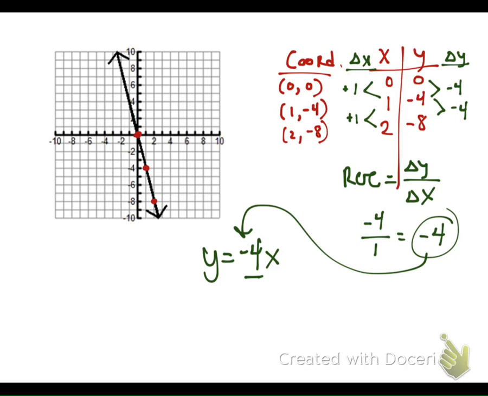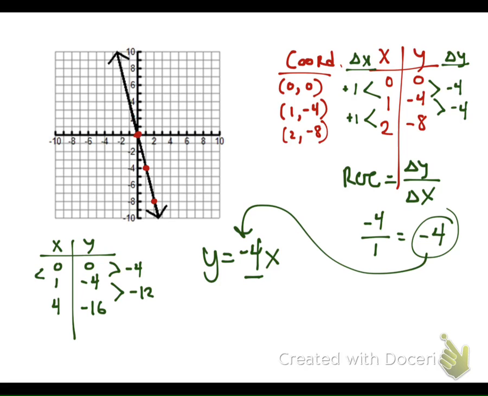Now, you may run into tables sometimes where your delta y and delta x aren't the same all the way down, but no matter what happens, you should be able to reduce them to the same thing. Say I was looking at a table and I had 0, 0, then 1, negative 4, but then say here I jumped to 4 and negative 16. Well, here my change in y is negative 12, and here my change is negative 4.